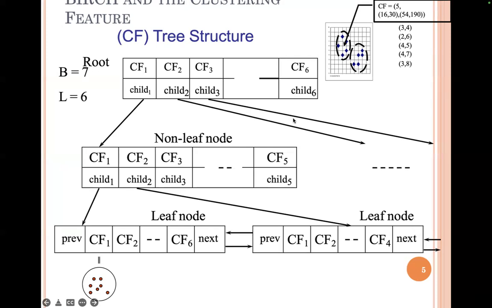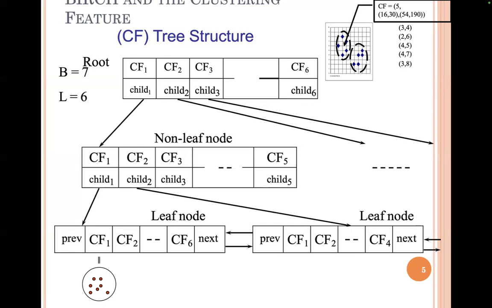Then non-leaf node, then leaf node. In a tree, we all know about the tree data structure. At the bottommost position, we have the leaf nodes. If leaf nodes are there, it means no further growth is possible. We have to stop right there, right?